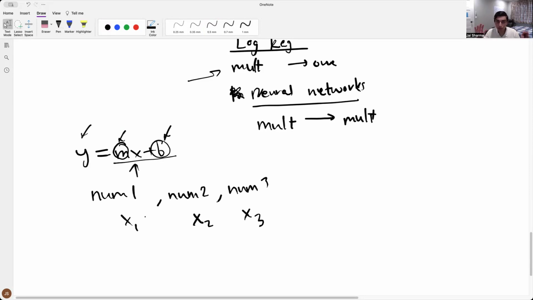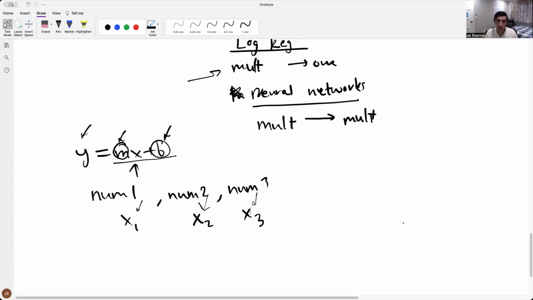By the way, these are different types of inputs. Let's say we're predicting how much rainfall is going to happen tomorrow. It could be the amount of rainfall that happened today, whether or not rainfall happened today, the temperature today, the month or the year, whatever. These are different types of inputs. They don't mean the same thing.